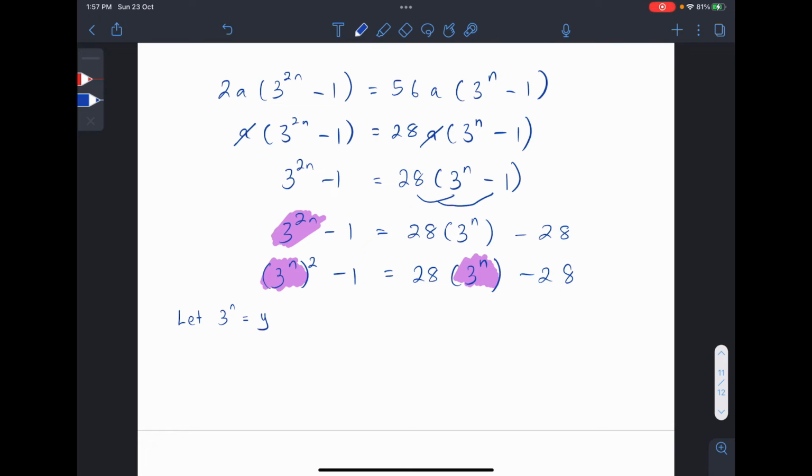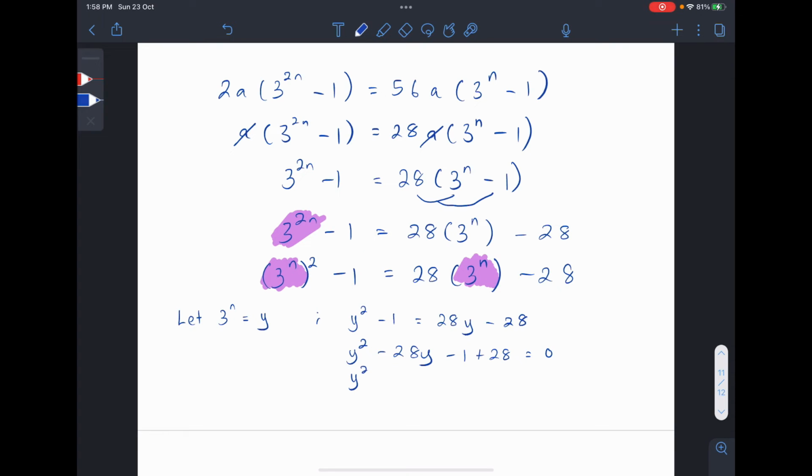Then the whole equation will be y squared minus 1 equals 28y minus 28. Now it looks like we have a quadratic equation on our hands. So y squared minus 28y, pushing everything to the left, minus 1 plus 28 equals 0.